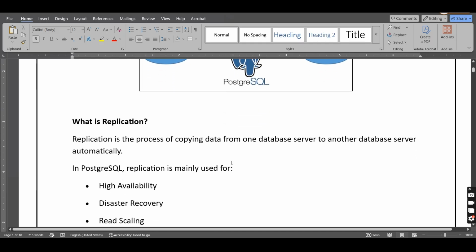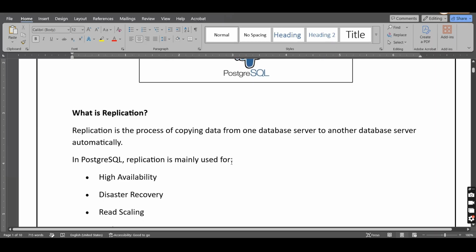Replication is the process of copying data from one database server to another automatically. We don't need to perform any manual tasks. Once you set up the replication process, it is taken care of automatically.